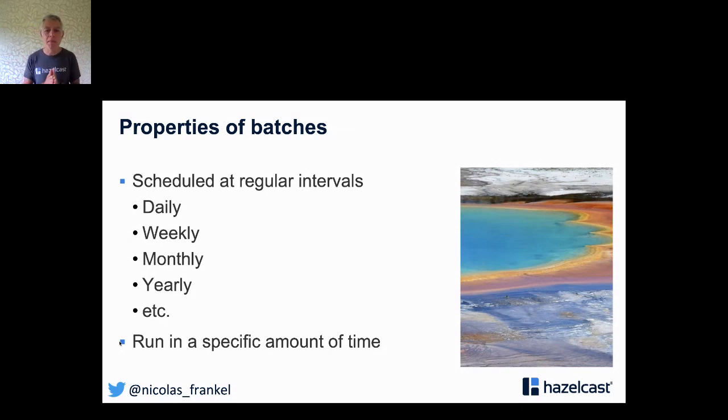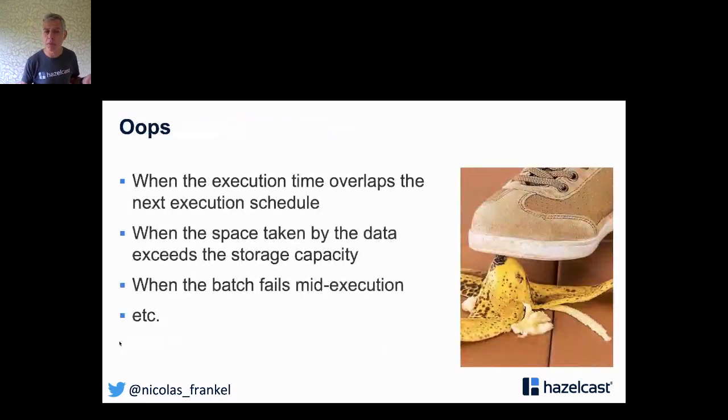But with the amount of data growing and growing and growing, in general, you start with X minus something, and the delta is getting smaller every day, week, month, whatever. And at some point, the execution time overlaps the next execution schedule. It's not great when it happens.